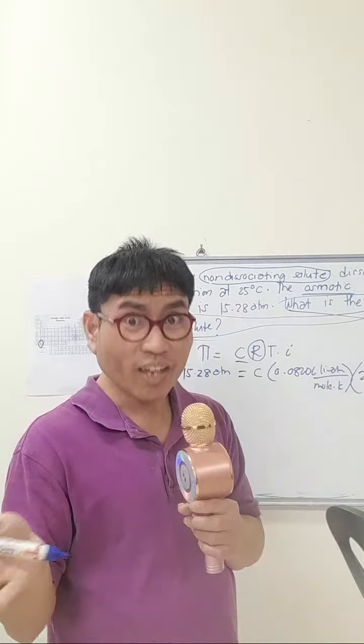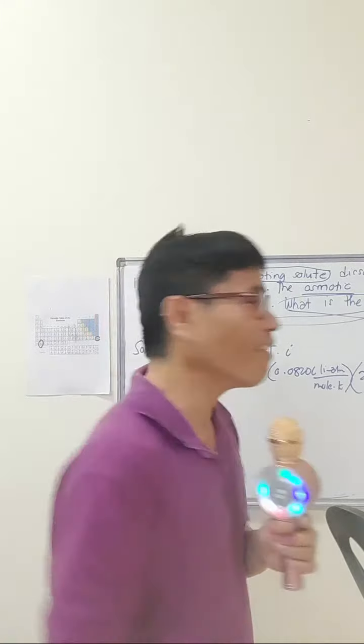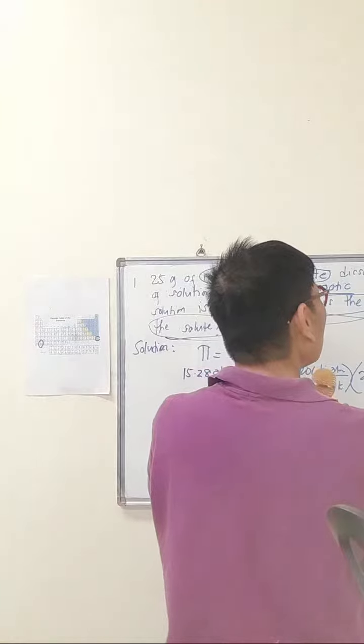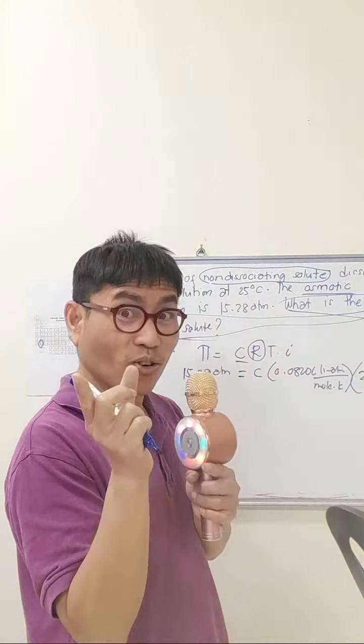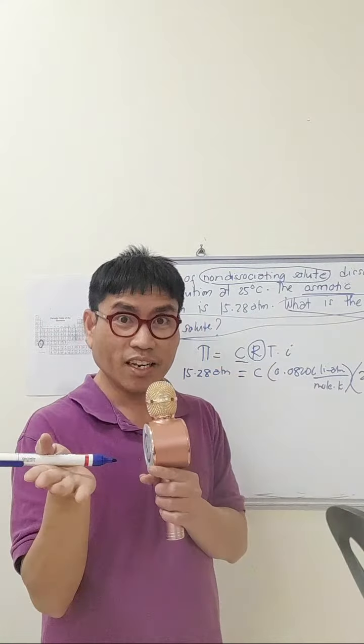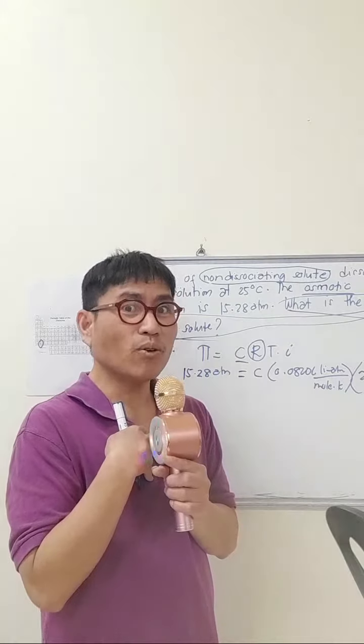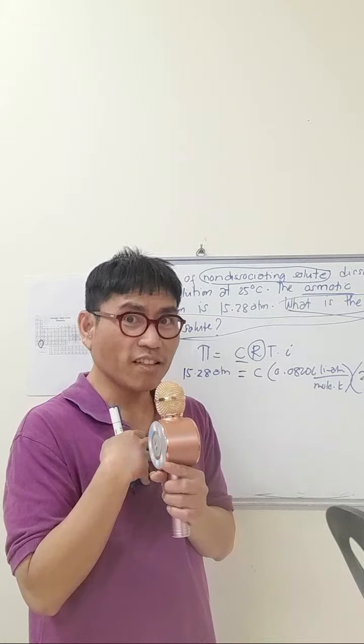So what for? So the problem is tricky, right? So you will interpret the i as 0 normally by common sense. If you don't have an idea about theory, you will say, by common sense, the i will be 0 because the solute will never dissociate.